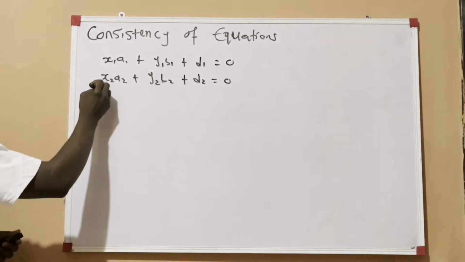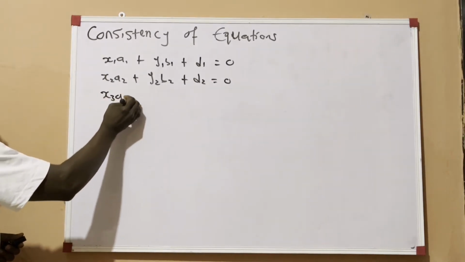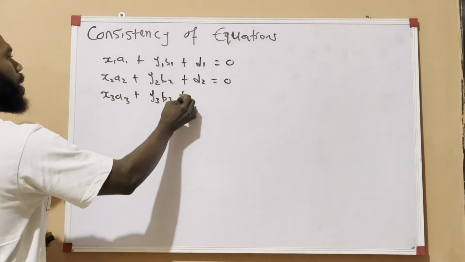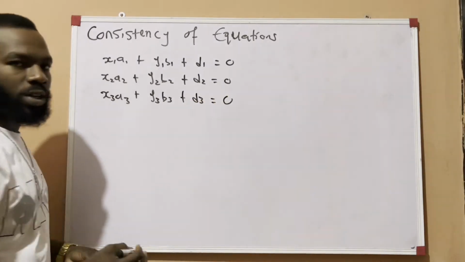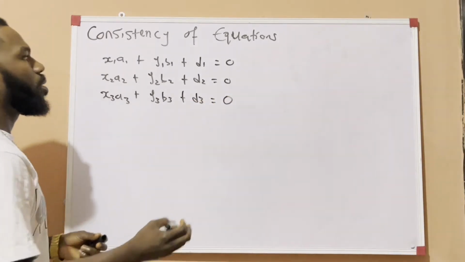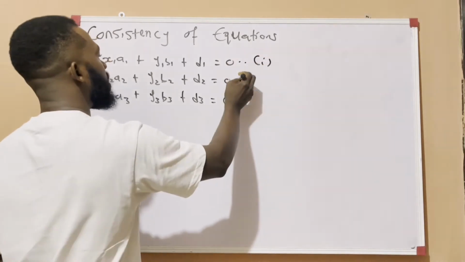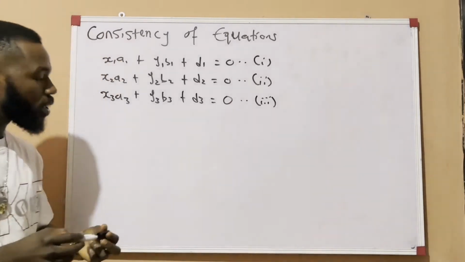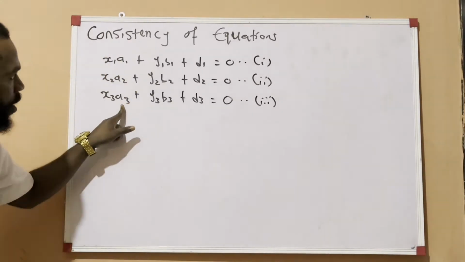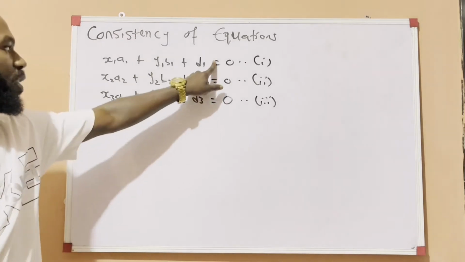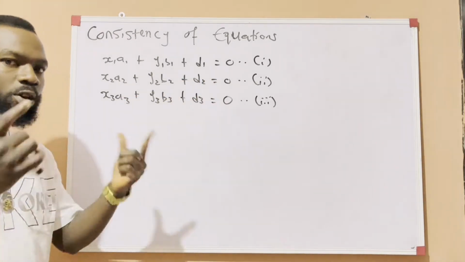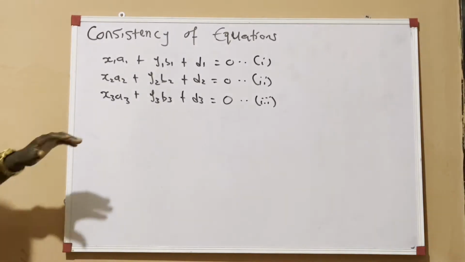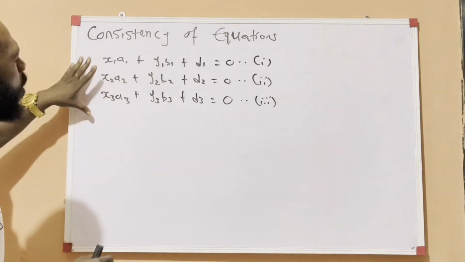And then again we have x3 a3 plus y3 b3 plus d3 equal to 0 as well. Now let's call these equation 1, equation 2, equation 3. Of course, a1, a2, a3, b1, b2, b3, d1, d2, d3 all represent constants.